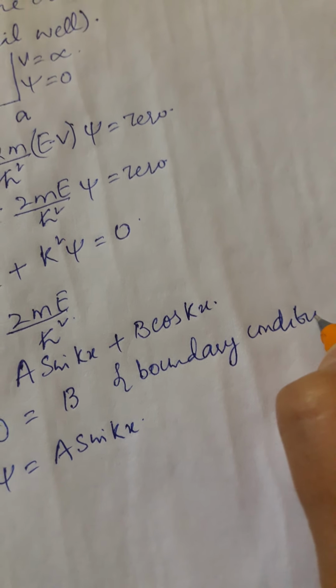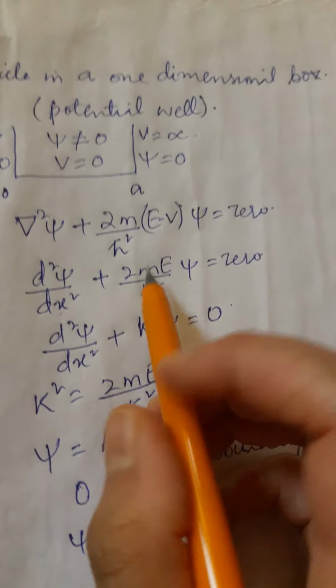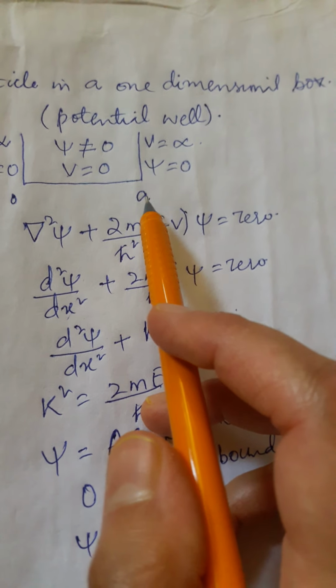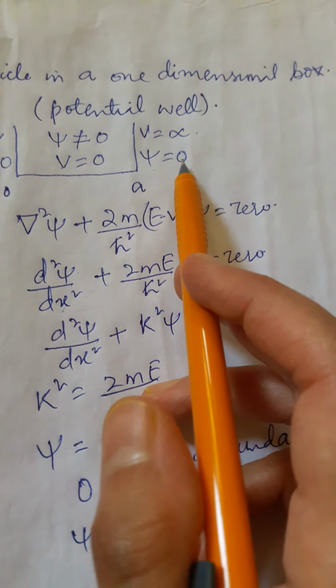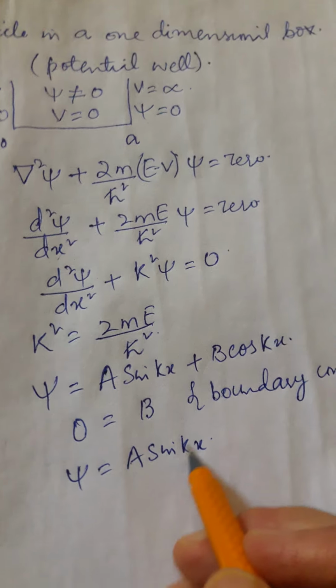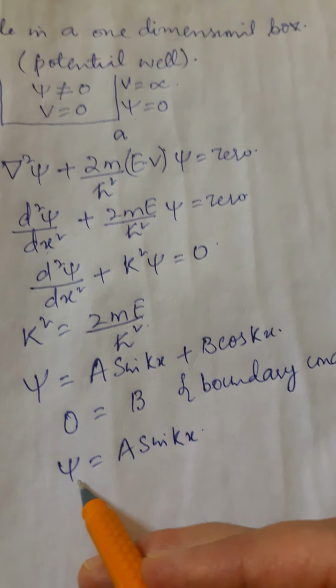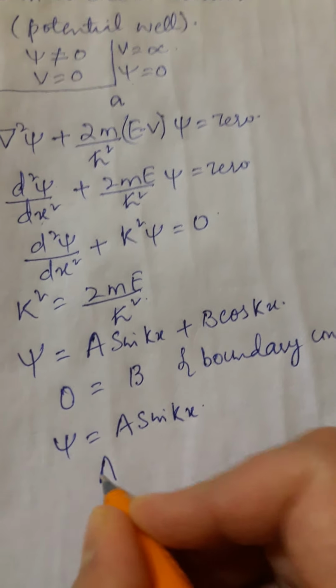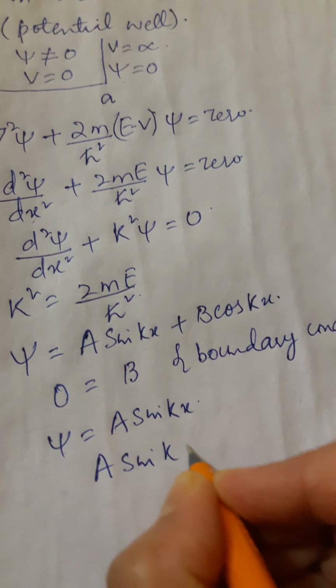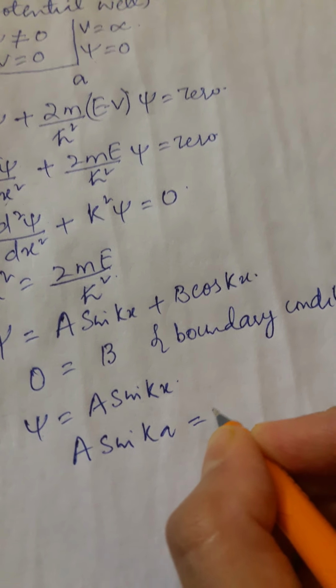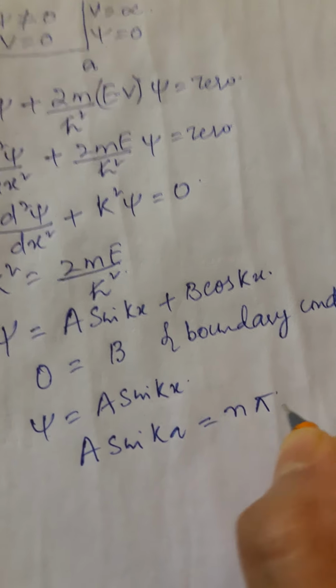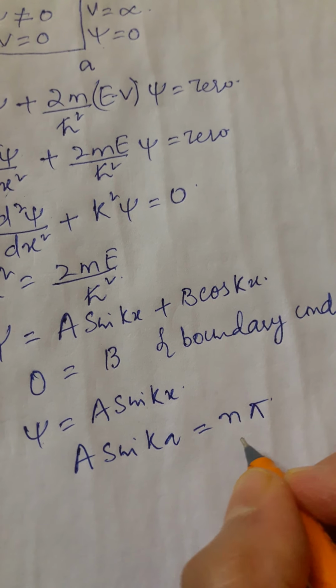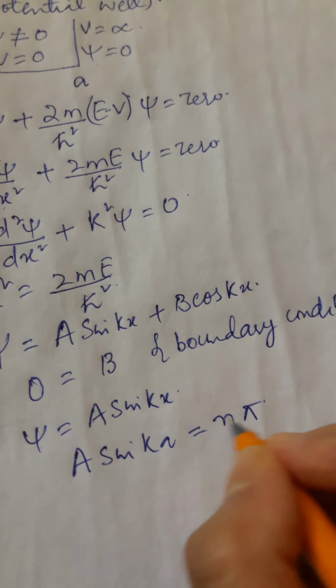Now we have a second boundary condition as well, that at x equal to a, this psi is again 0. What does that mean? A sin ka is equal to 0.